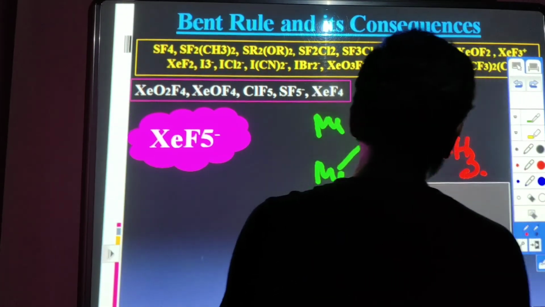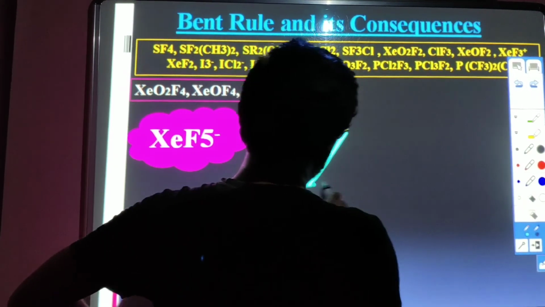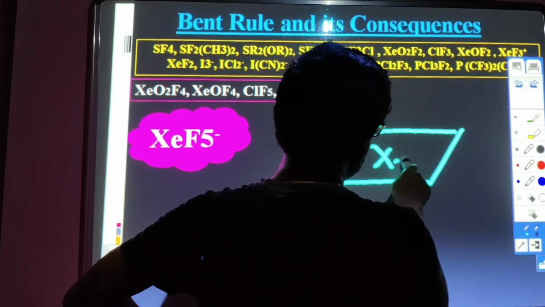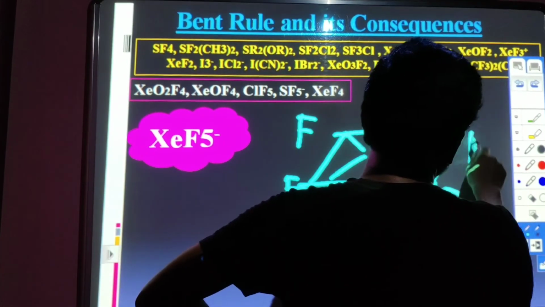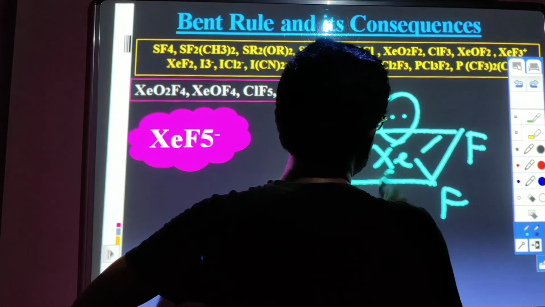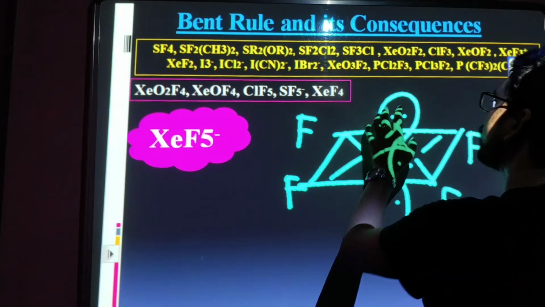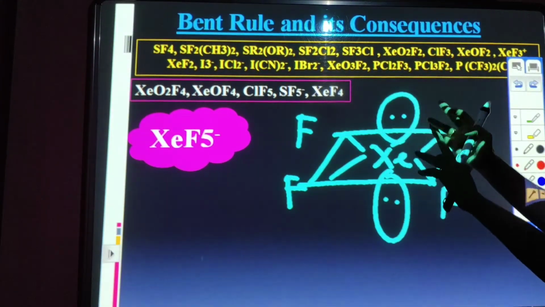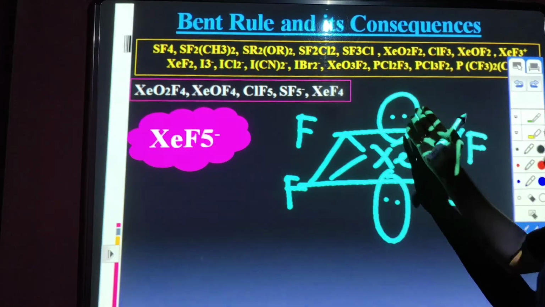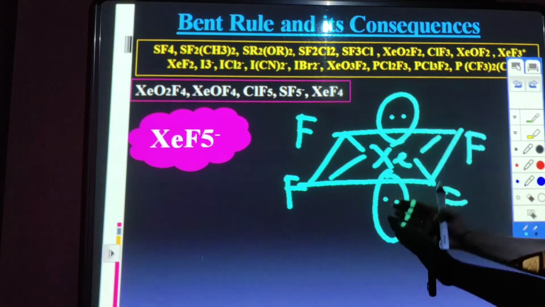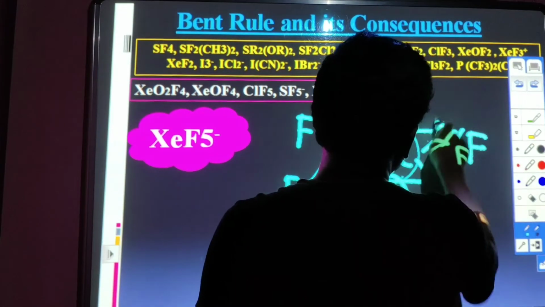Now XeO2F4, XeOF4, ClF5, SF4, XeF4. It's very simple. I will show you only one. XeF4: 1F, 2F, 3F, and 4F, and this is the lone pair. The lone pair you must put either at 120 degrees in TBP, and in the case of octahedral geometry, you put it at 180 degrees.